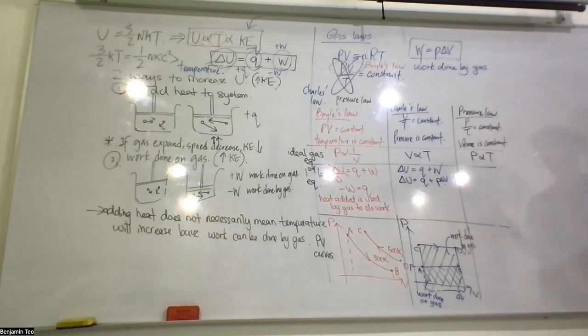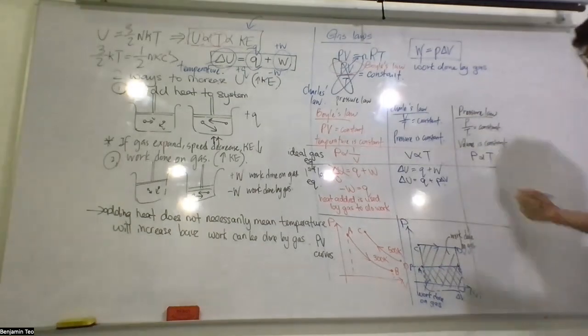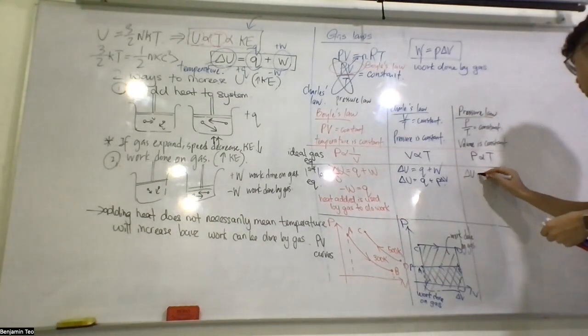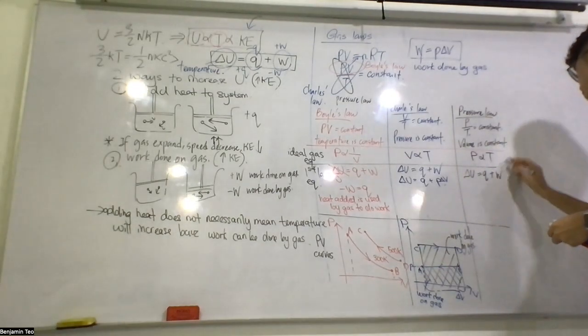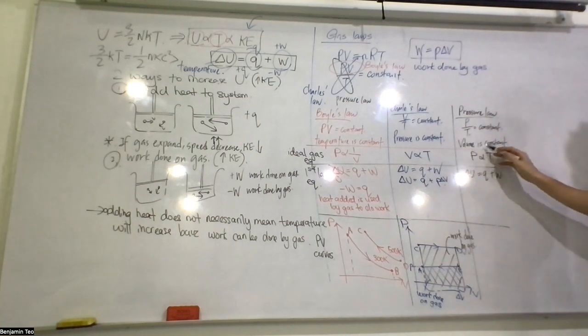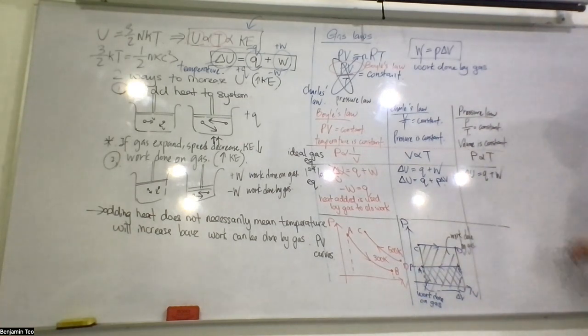Okay. Last one, third one, pressure law. First law equation. If volume is constant, that means there is no work done.